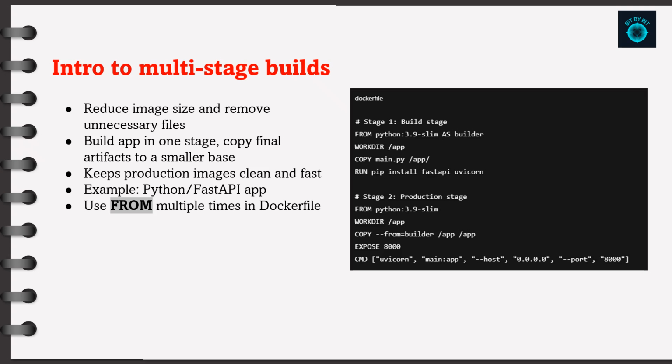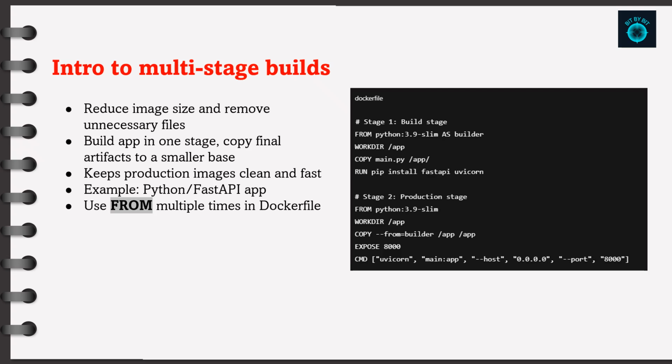Let's explain this example step by step. The first stage is called builder. We start from python:3.9-slim, set the working directory, copy our app, and install dependencies. The second stage is the production stage. We again start from python:3.9-slim, which is a clean image without unnecessary build files.